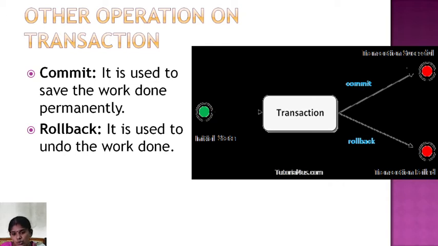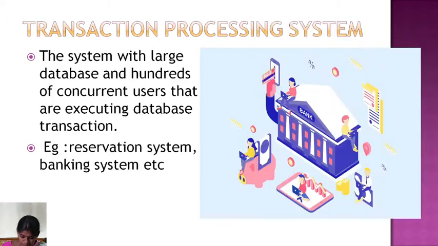Then it goes to the rollback state, that is the old consistent state. So what is the first state of the database that will be executed? It terminates the operations and then rolls back to the database condition from before. That is called rollback.